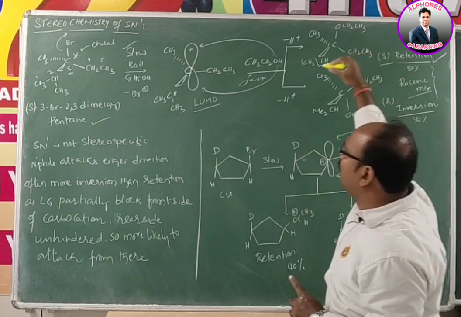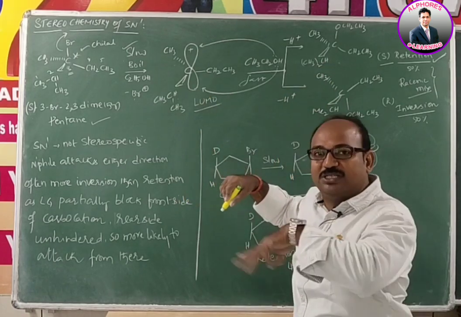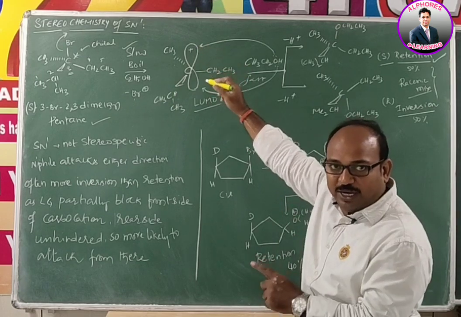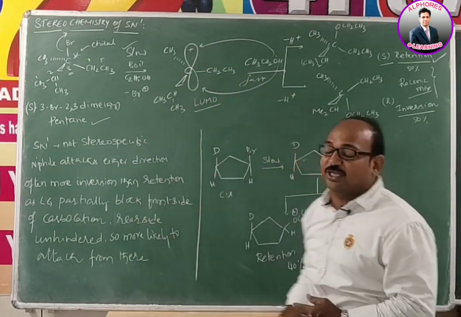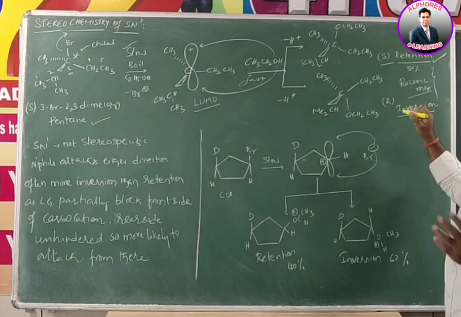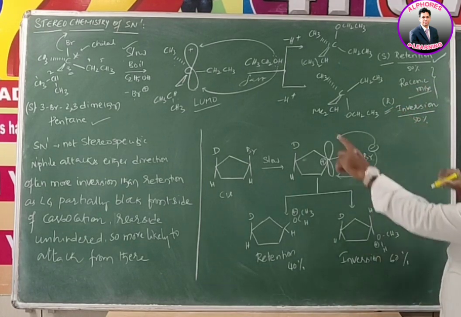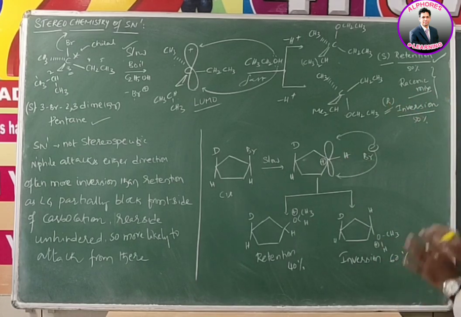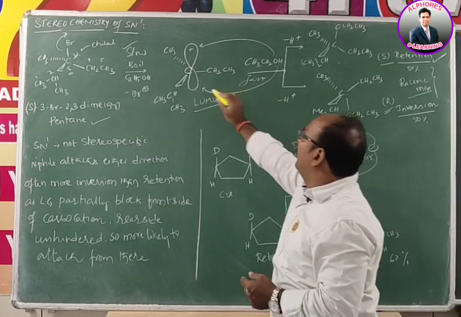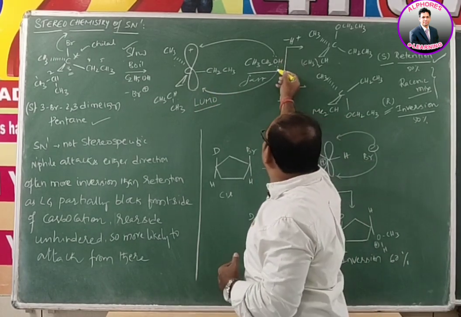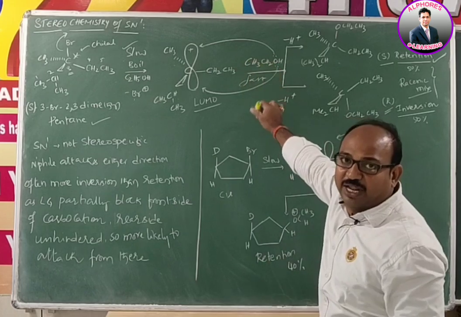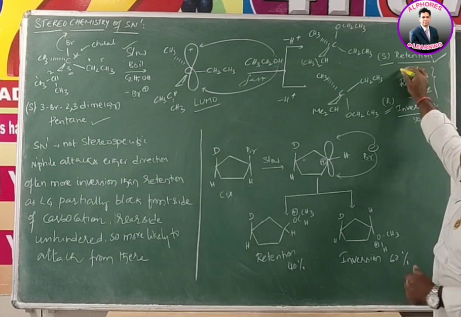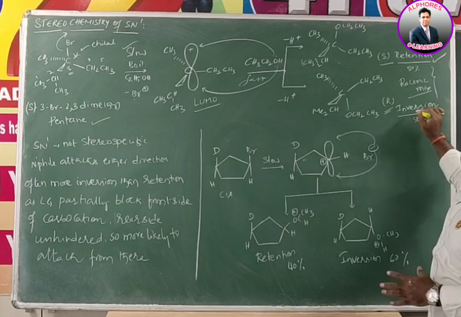Now if the nucleophile approaches from the rear side, opposite to the direction in which the leaving group departed, then we get inversion of the product. Earlier it was S, now it is R. So it is very clear that on this formed carbocation intermediate, the nucleophile approaches from either direction, either above the plane or below the plane. So we have two possibilities, one is retention and another one is inversion.